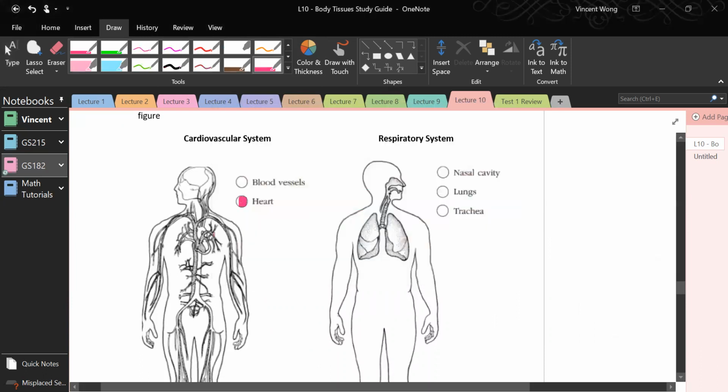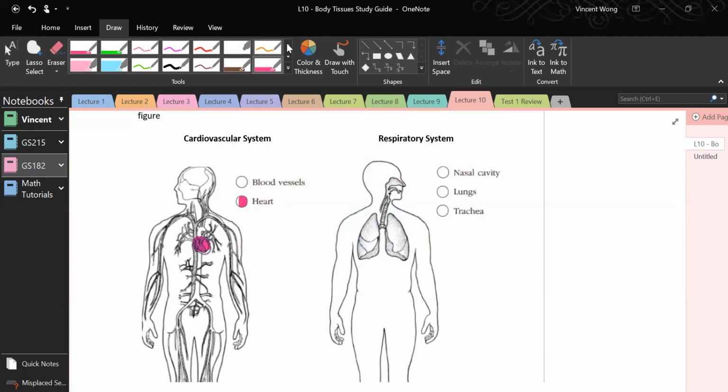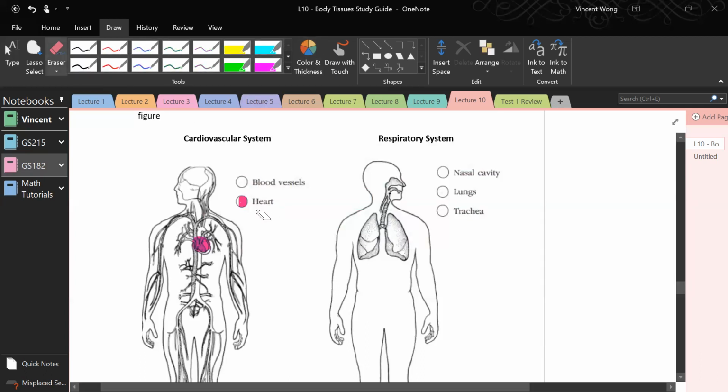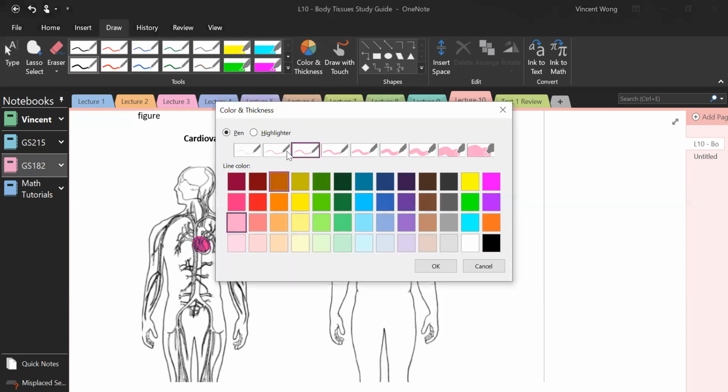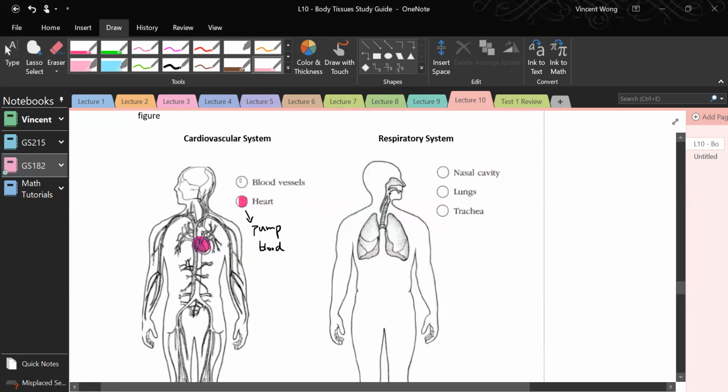There's the heart, right here. The function of the heart is basically to pump blood throughout the body. It's pretty straightforward. We'll learn all the glory details next semester.